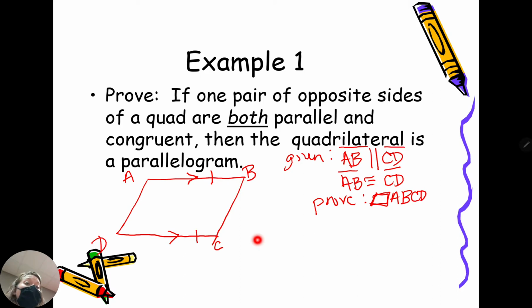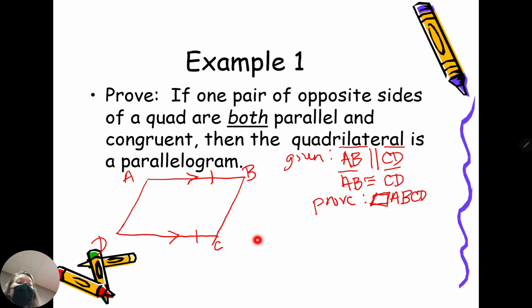And if we can get some of our angle relationships here to help us with that, that'll do it, right? So if we can get AD to be parallel to BC, again, we'll have a parallelogram. So essentially, we need to get an angle pair that will prove parallel lines.